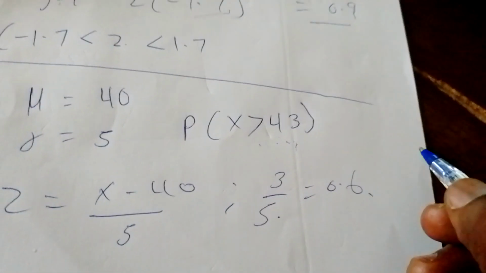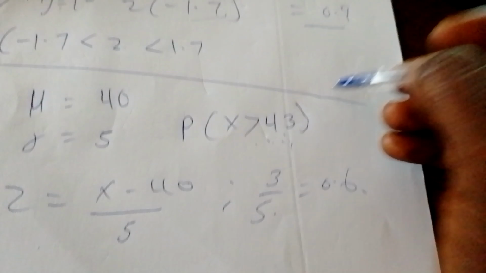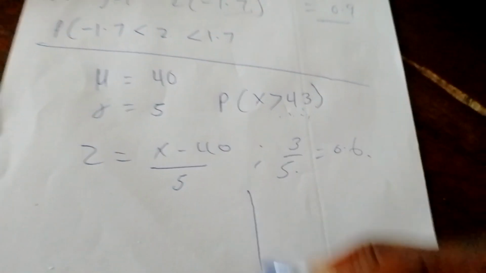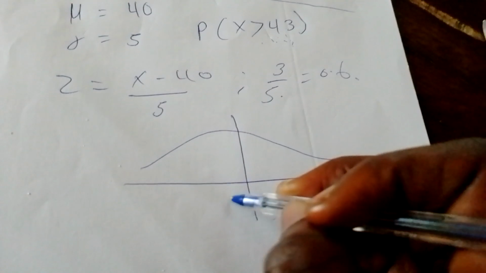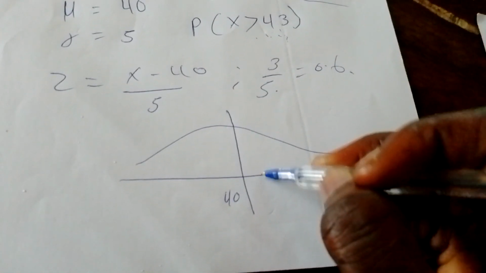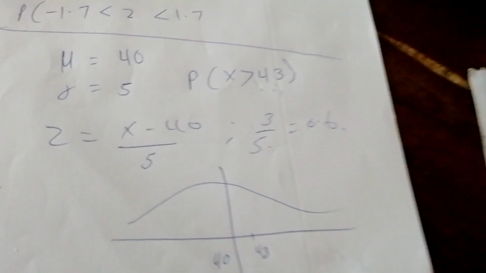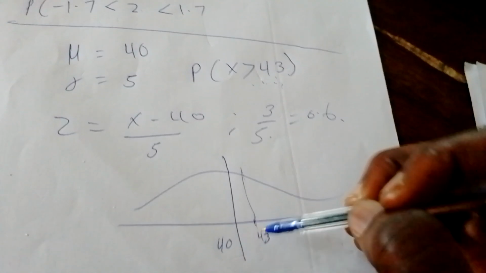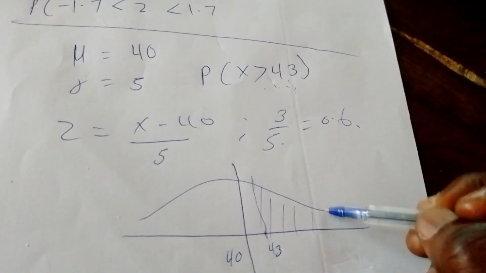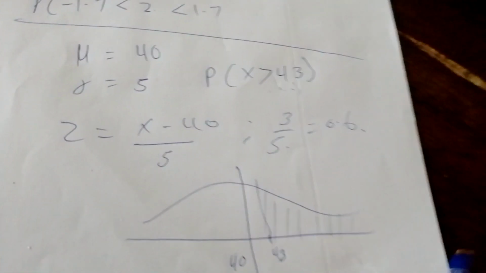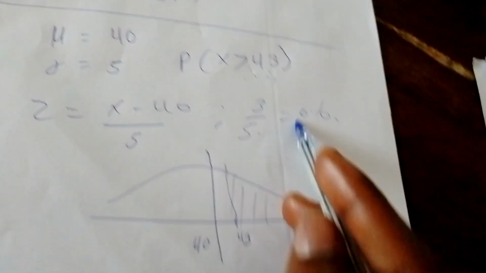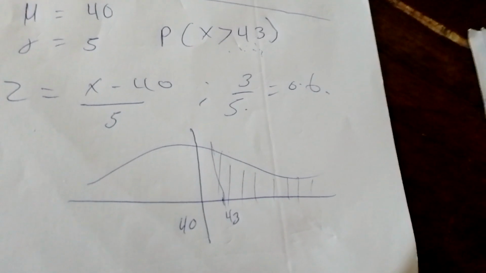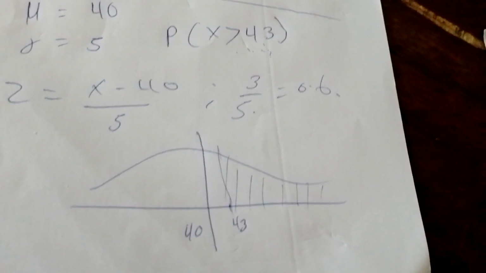Now for this one, the probability that x is greater than 43. If you want to visualize this, there's 40 here, so you'd have 43 somewhere around here, and the probability that it is greater than 43 would be something like this. We have a z-score of 0.6, so let's go to the table and find out what a z-score of 0.6 means.